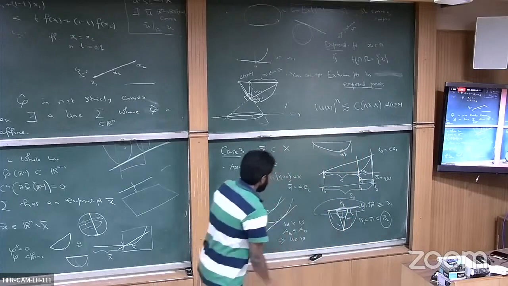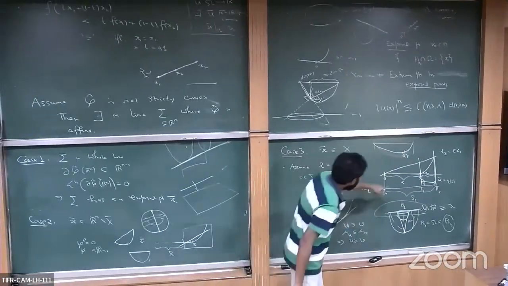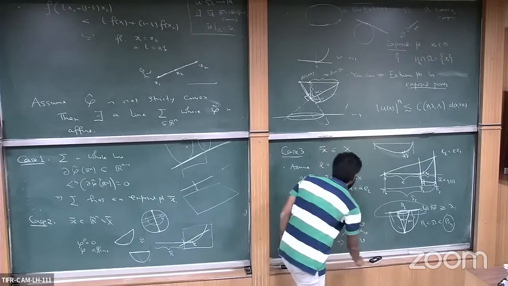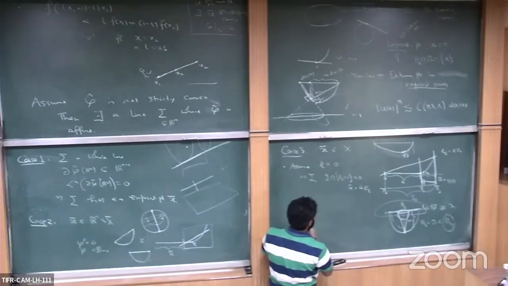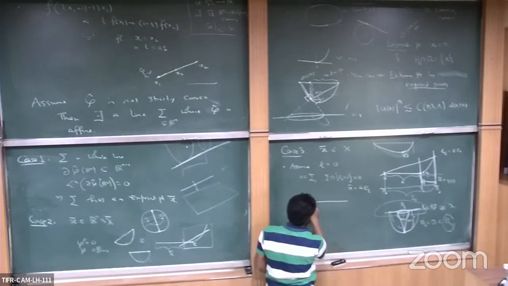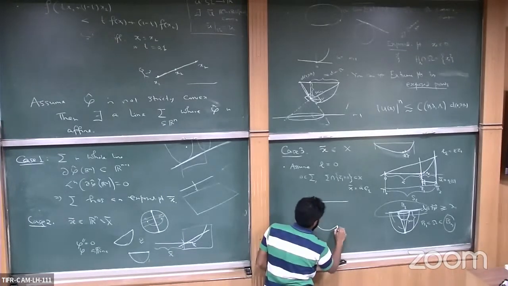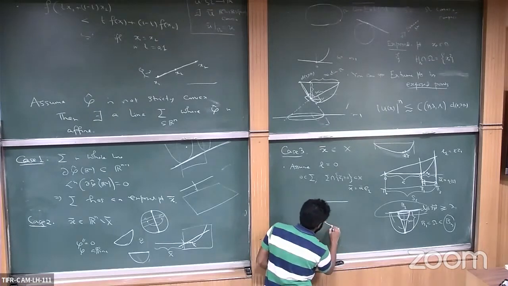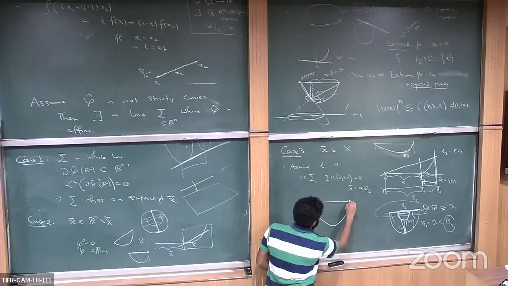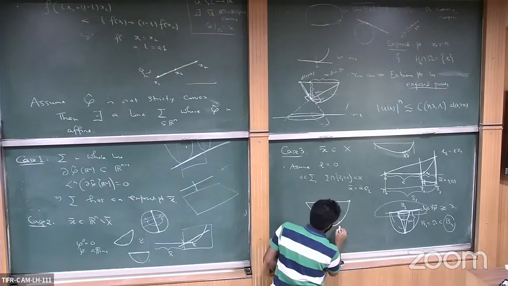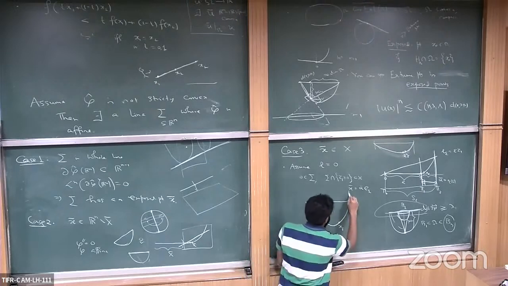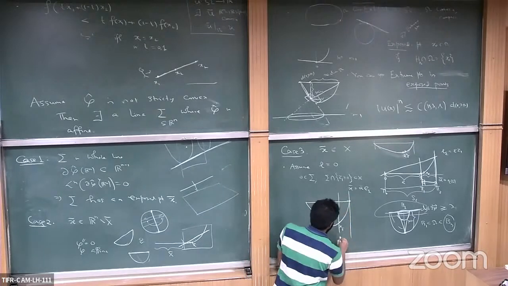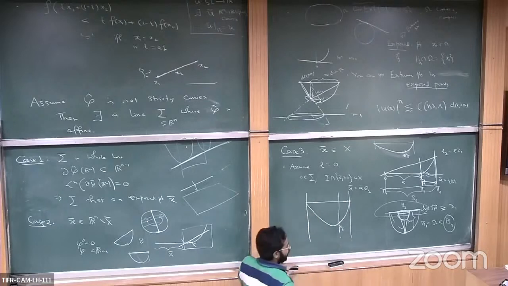Okay? So when you normalize it, the picture looks like this. Okay, and this is the point epsilon, which is the point of minimum, and these are the normalized.